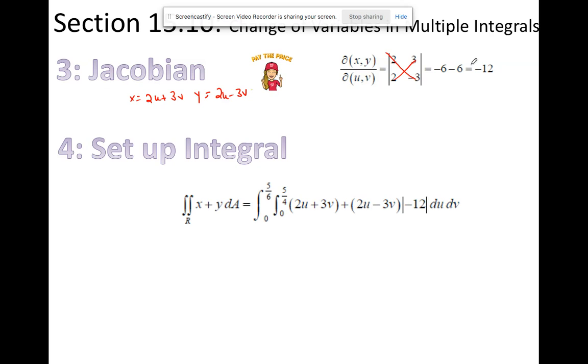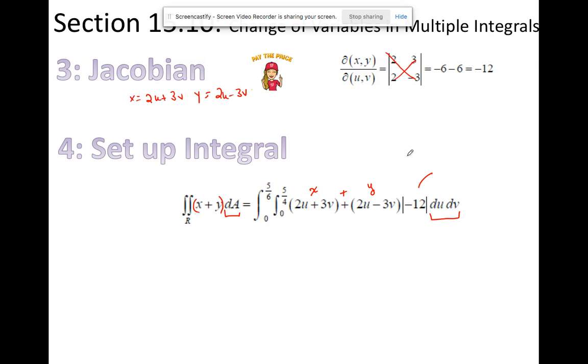Set up my integral. So the original integral had an integrand of x plus y. I had to transform that x plus y. I had to take dx dy or dy dx and transform it into du dv or dv du.